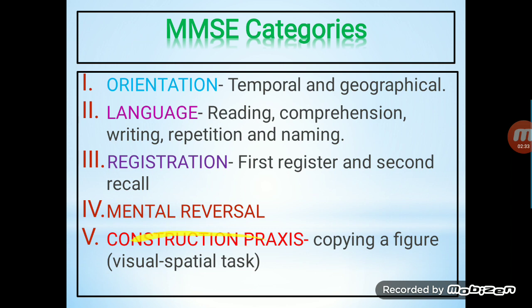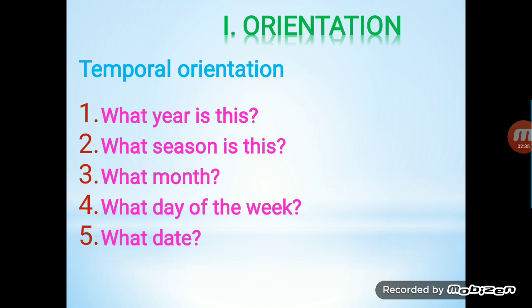So the first one is orientation. Again, it is divided into two: temporal orientation and geographical orientation. When you want to assess whether the patient's temporal orientation is intact or not, you can administer this set of questions.